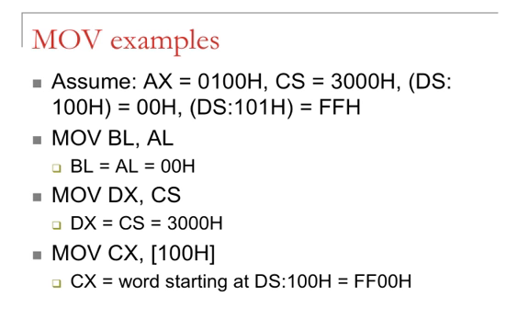The destination of this instruction is BL. So we're going to copy the value of AL, which is 00, into BL. So BL will have the same value, 00.